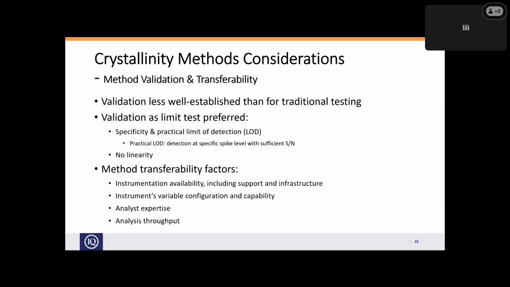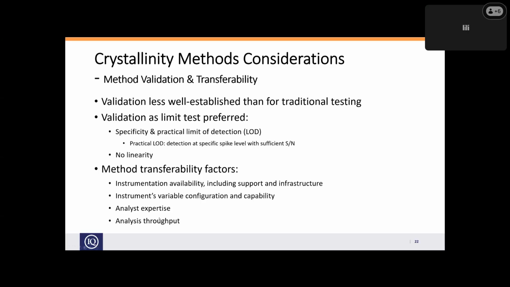For example, whether the instrument is available and whether the instrument has a different configuration, and if there is sufficient support of infrastructure, including even the SOPs on how to carry out the test. These factors all need to be considered in order for the method transfer to be successful.